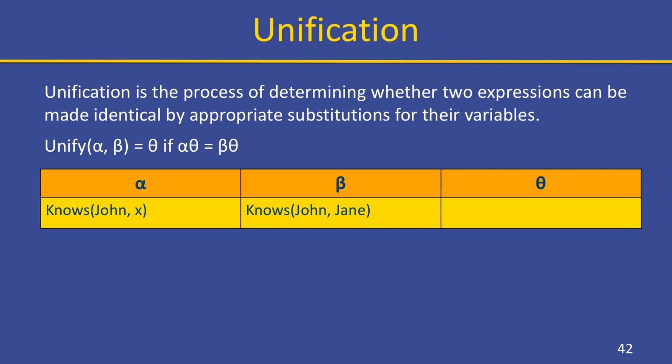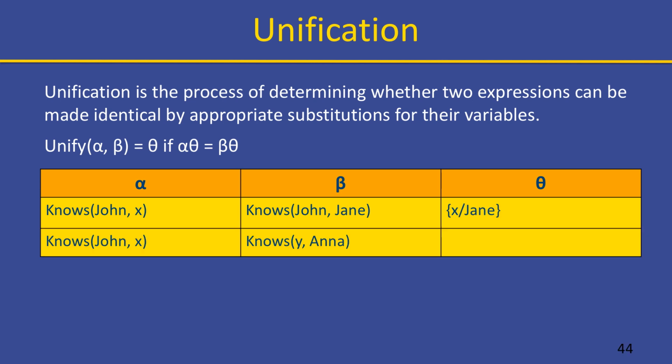So the unifier here is the substitution that replaces X with Jane. How about this sentence? Knows John X and knows Y Anna. How can we make them the same? What substitution would make these two sentences identical? Well, we can replace Y with John and X with Anna, and then we have our unifier.